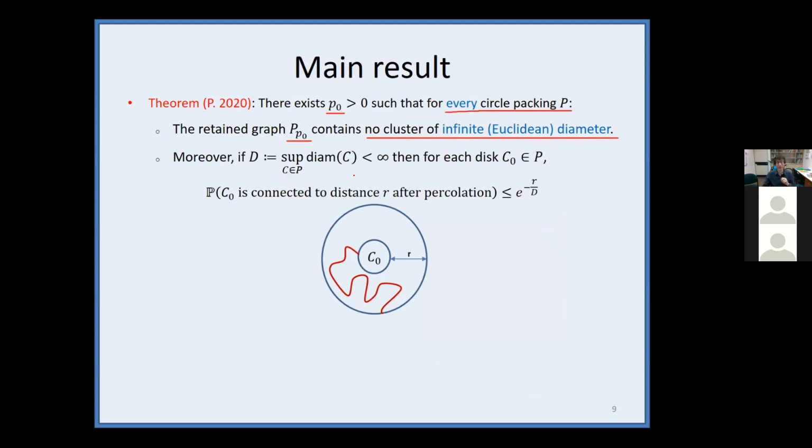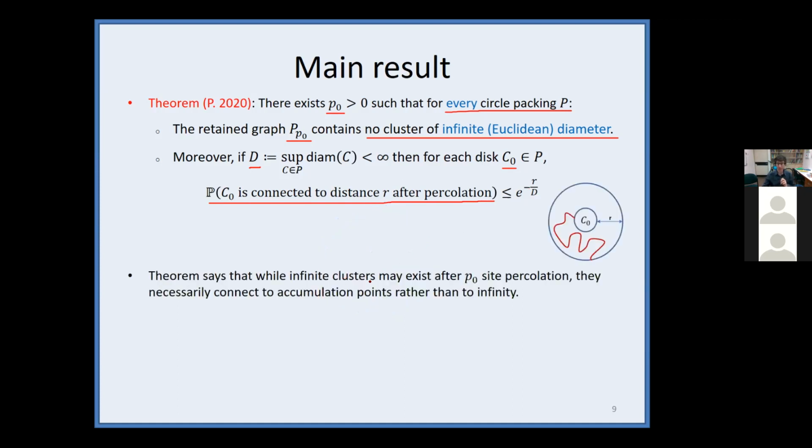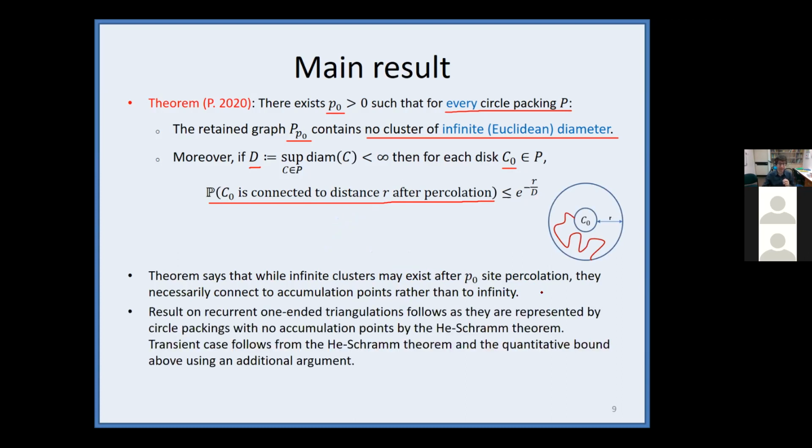If all the circles in your circle packing have bounded diameter, the largest possible diameter is D, then when you start at some disk C naught, and you wish to connect to distance r after the percolation, so you wish to go from C naught to distance r by means of retained disks, then the chance of that happening is exponentially small in r over D. This is the main result, and I would like to explain the proof of this result to you. So this comment I already said, you may go to accumulation points, but not to infinity.